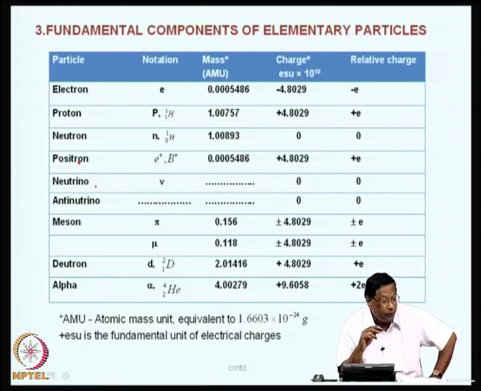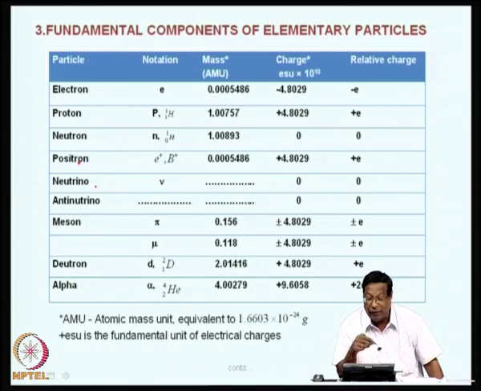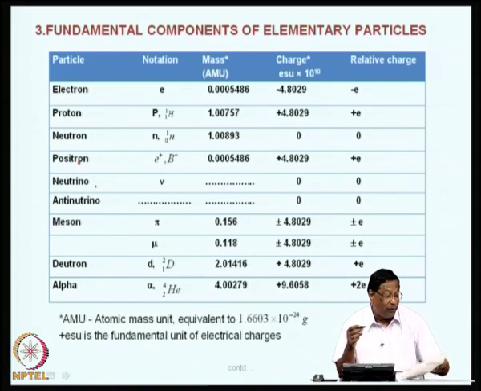And you would see that most of these particles are not capable of independent existence, but many of them have been proved only theoretically.